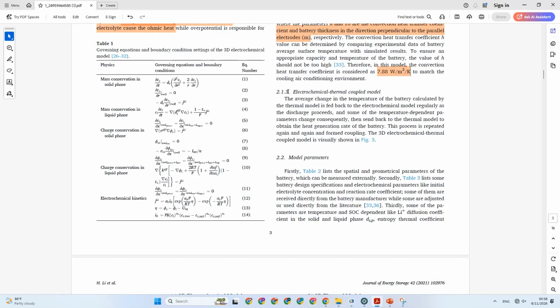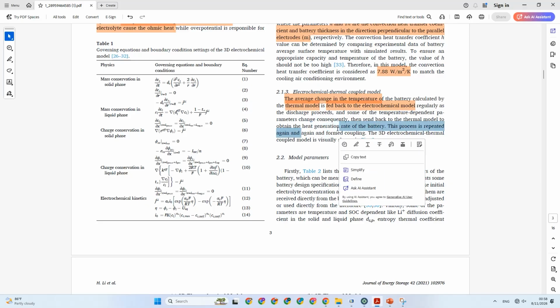Let us continue. Electrochemical thermal coupled model. The average change in the temperature of the battery is calculated. Okay, average change in temperature. The thermal model is fed back to the electrochemical model regularly as the discharge proceeds, and some of the temperature dependent parameters change consequently, then sent back to the thermal model to obtain the heat generation rate of the battery.